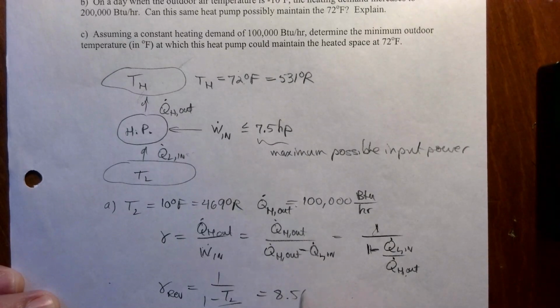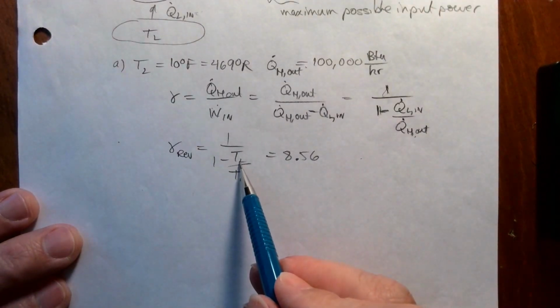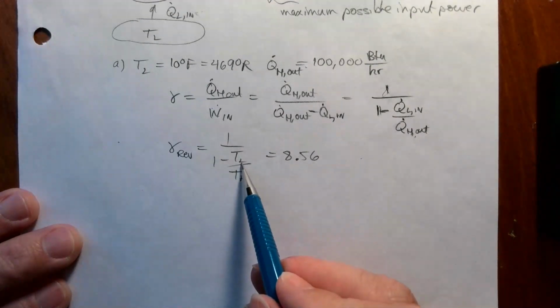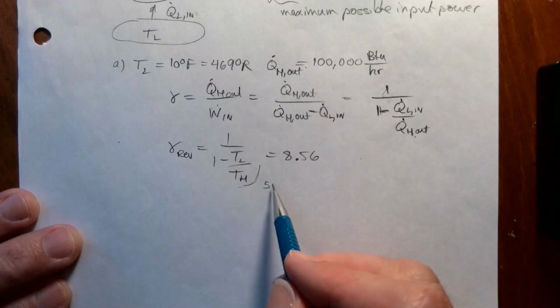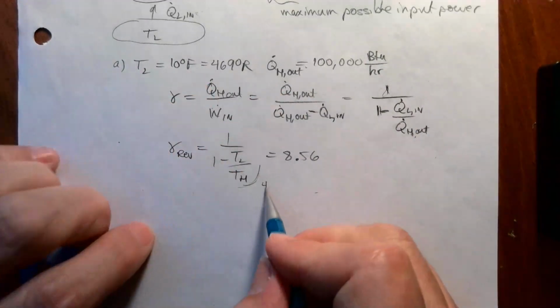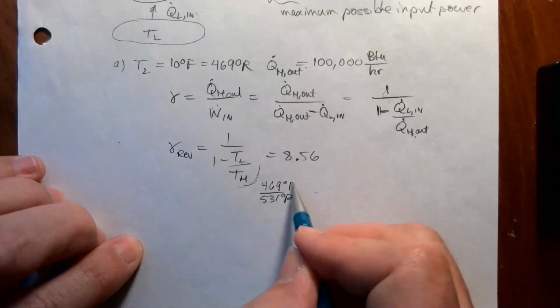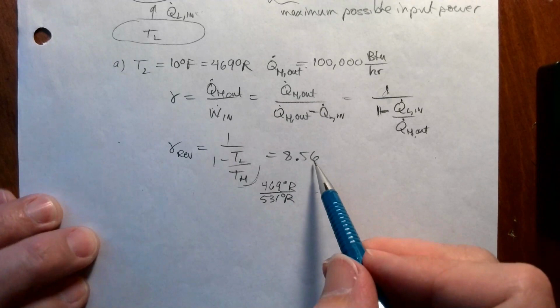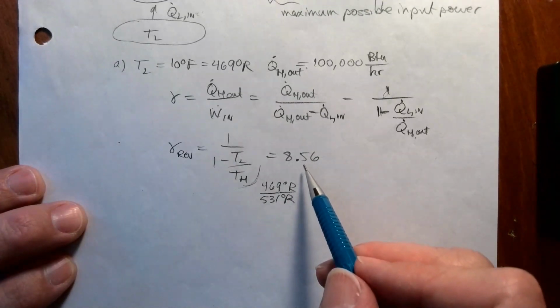So that's going to equal 8.56. Substitute in a temperature of TL 469 over 531. Substitute those two temperatures, so that's the maximum possible performance that can be achieved.